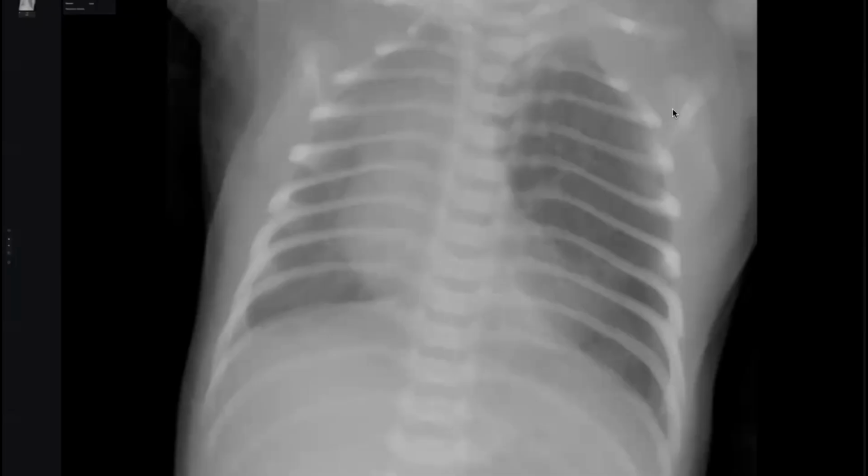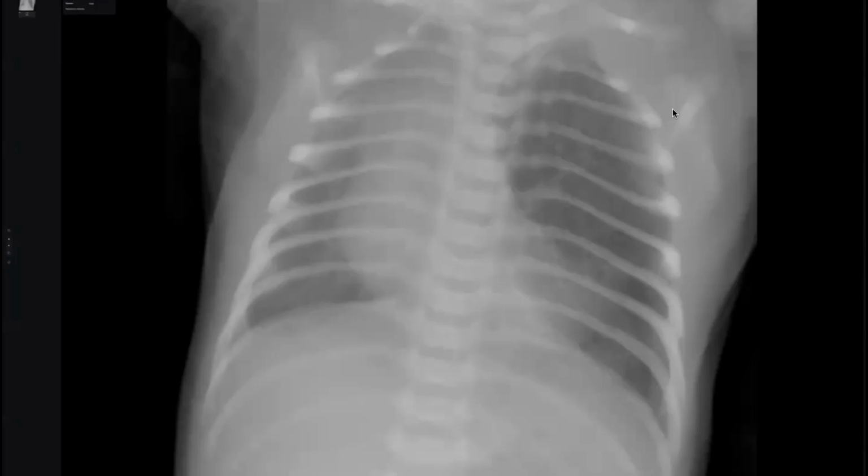There is no pneumothorax. There are no obvious bony lesions. The cardiac shadow appears unremarkable. I can't see the stomach gas bubble. But what's your diagnosis, doctor?